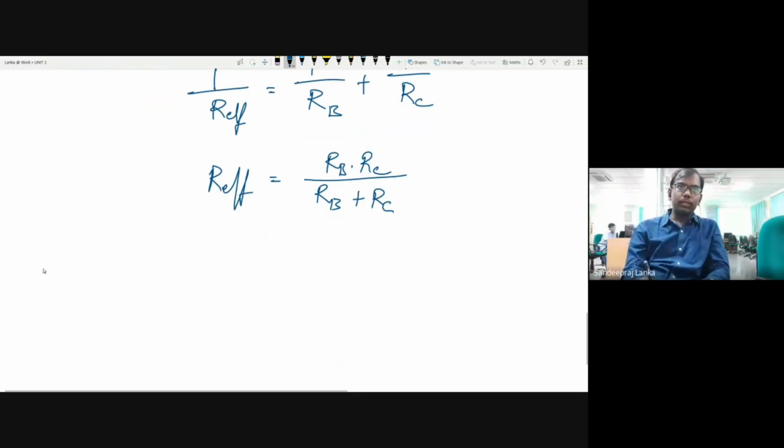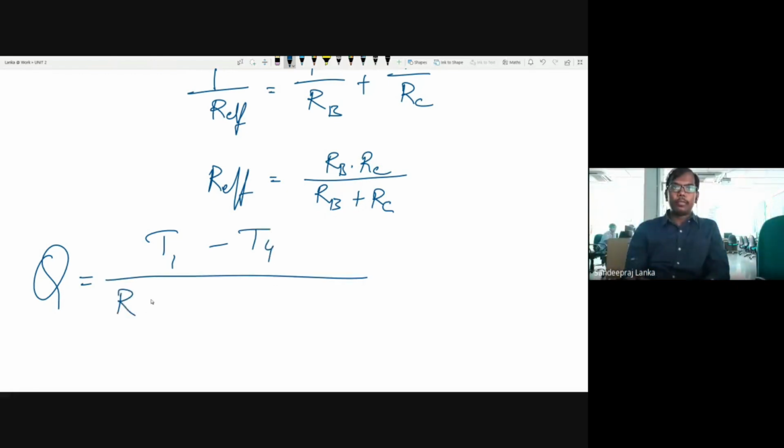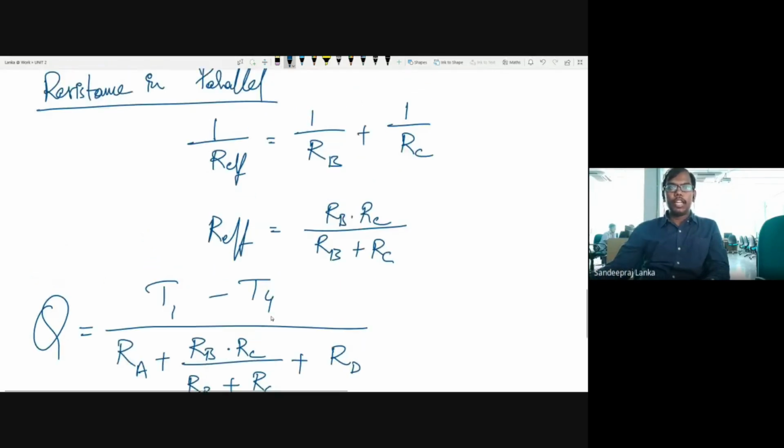So this Q will turn out to be T1 minus T4 by RA plus RB into RC by RB plus RC plus RD. When I write R, this will be R thermal only. So this is how you will get Q overall in this particular case.